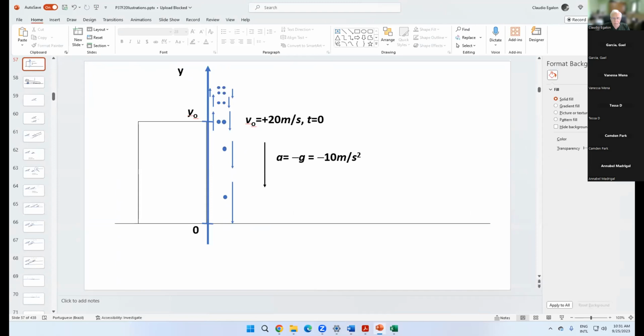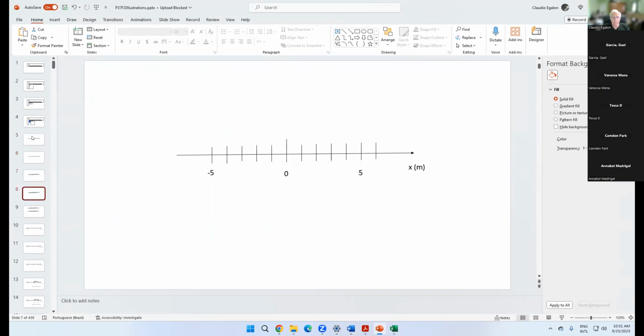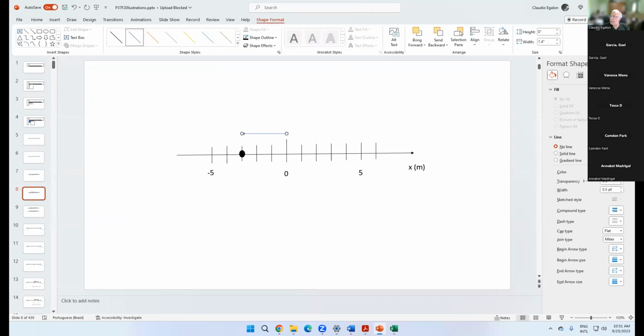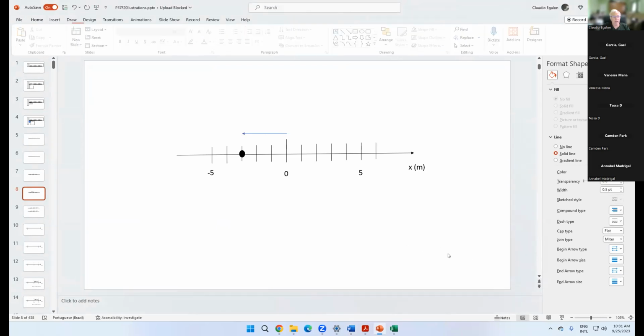In the case of a position, let's go back to our axis right in here. The position of this particle in this axis can be represented by a vector that goes from the origin to the point where the particle is located. So that's the position vector of the particle.